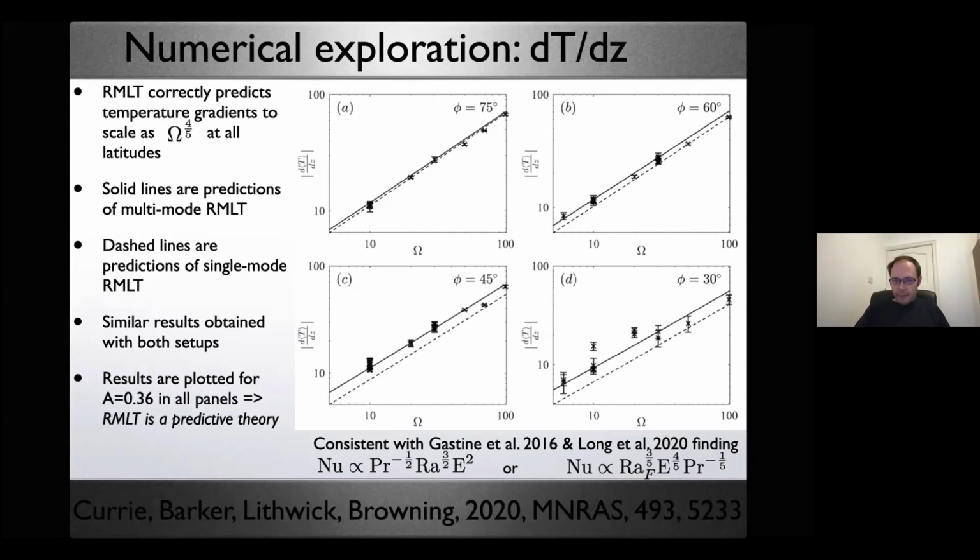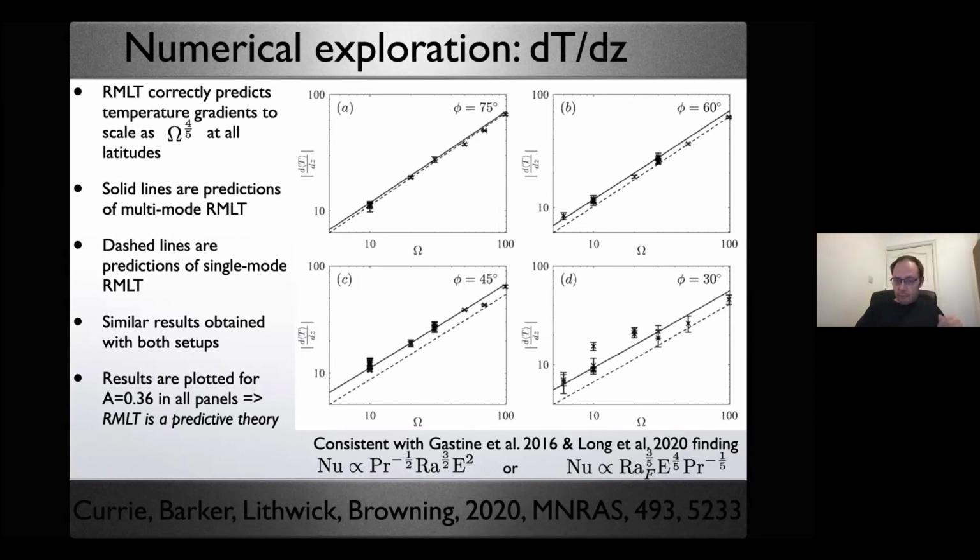It's not as clear in this panel as it is in the next slide, but you can see here that the theory does seem to be predictive in the sense that it approximately predicts the variation with latitude quite well. At least the multi-mode theory does, when we take into account the contribution of all of the modes in the spectrum, which is the black line here.